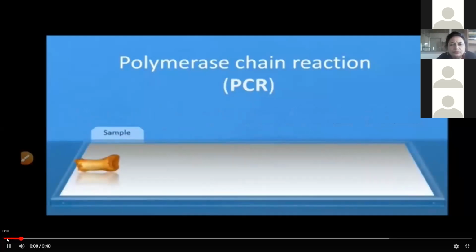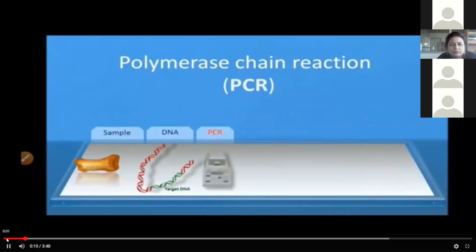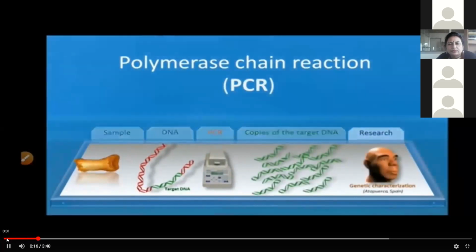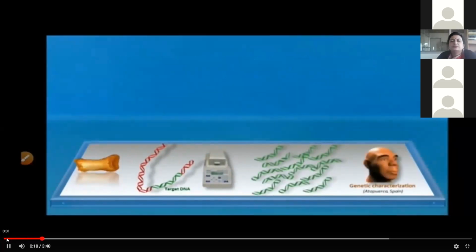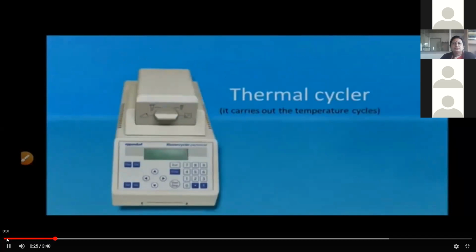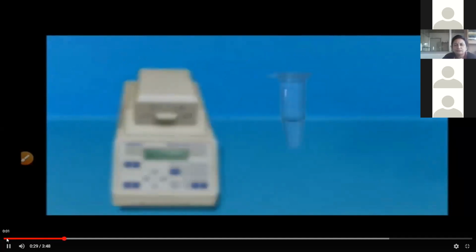Amplification of DNA. Suppose we have a sample. We have to isolate the DNA from the sample, perform the polymerase reaction, and produce multiple copies of the target DNA. The machine in which the DNA is amplified is called a thermocycler or thermal cycler.